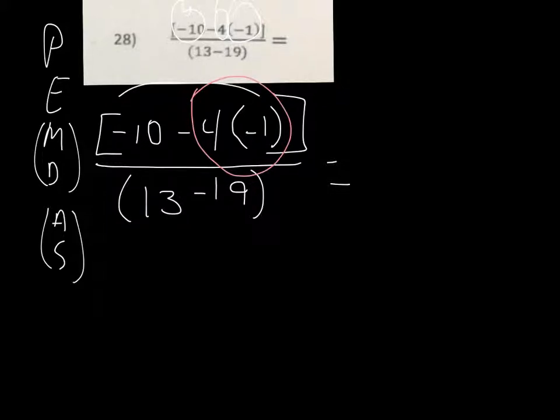So that's what I'm going to do first. Negative 10 minus positive 4 times negative 1 is going to give me what? Positive 4 times negative 1 is going to give me a negative 4. Right?